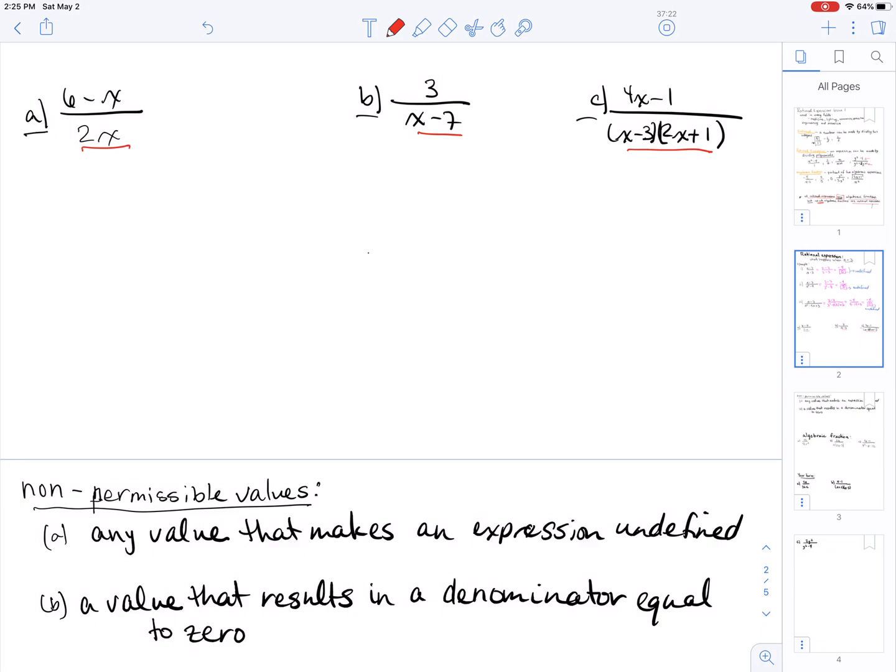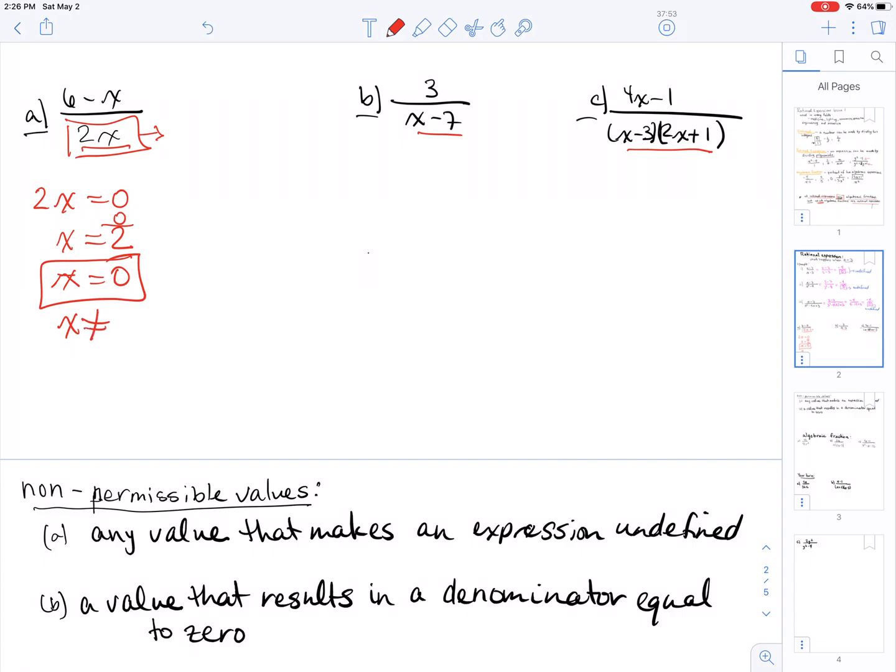Welcome back. Well, let's isolate out the 2x from the denominator of A. So we're going to set it to 0. If I solve for x, x equals 0 divided by 2. That means that x equals 0. So if x equals 0, it's going to make my denominator equal 0. That makes the whole expression undefined.